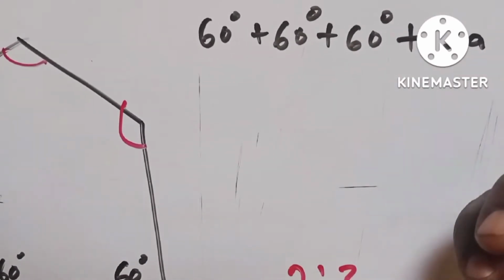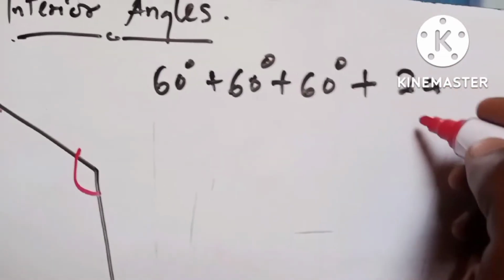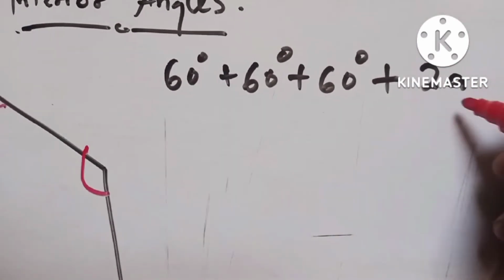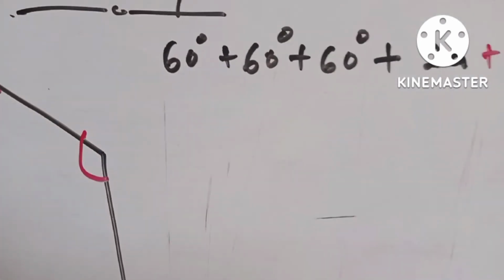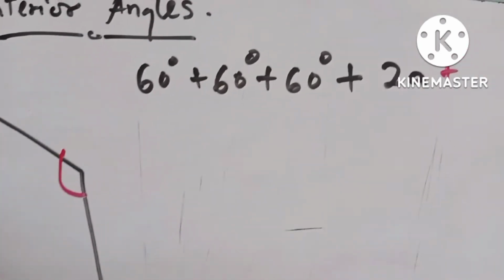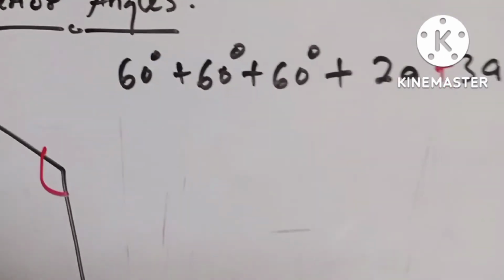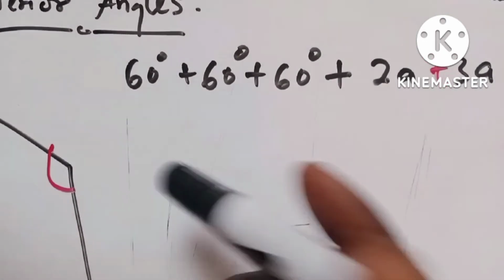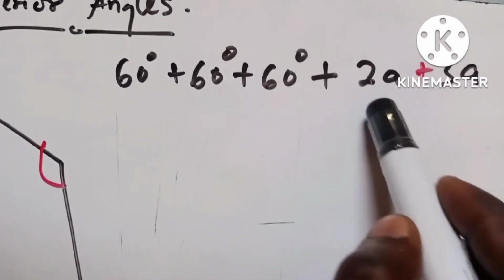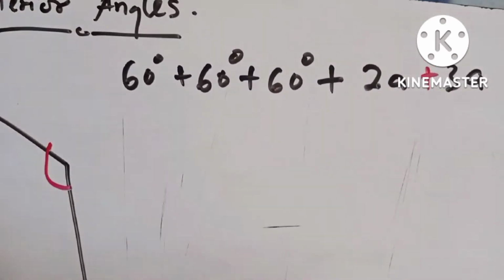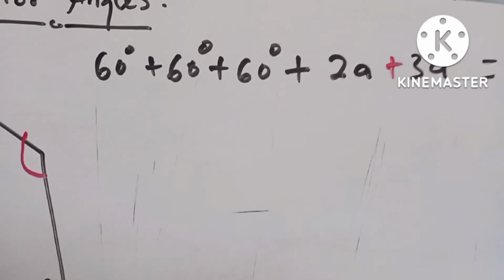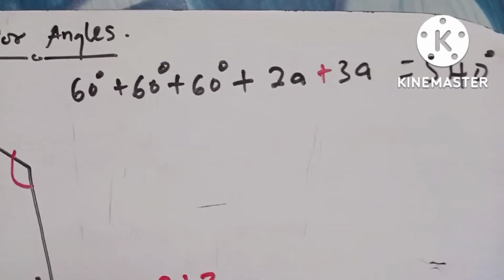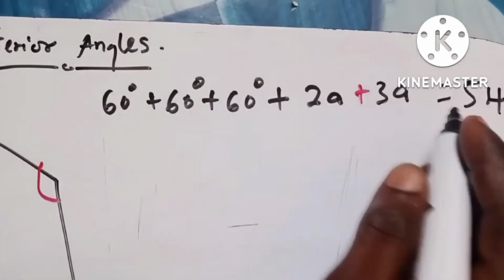Any letter of your own choice is accepted. So plus 3a. What remains is these two angles sharing in the ratio of 2:3. Then everything here is equal to 540 degrees. Very perfect and straightforward.